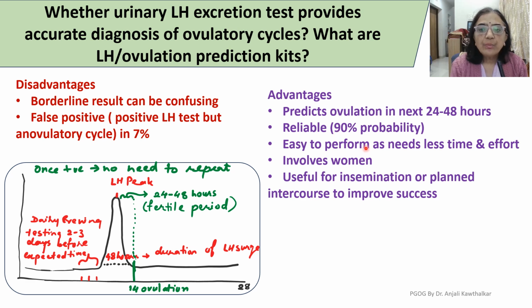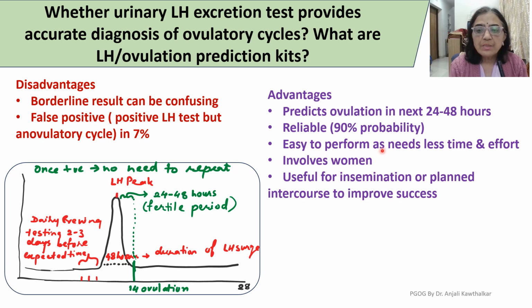It is easy to perform as it needs less time and effort. The most important point is the woman is not going to a hospital or to a sonography clinic, as opposed to serial ultrasonography. This LH testing is home based, so it is easy for a woman to perform, especially if she has to go for these tests for many months. You are treating a woman even with induction of ovulation.